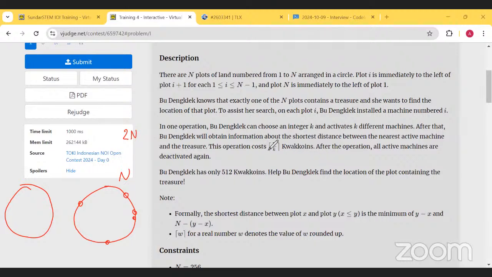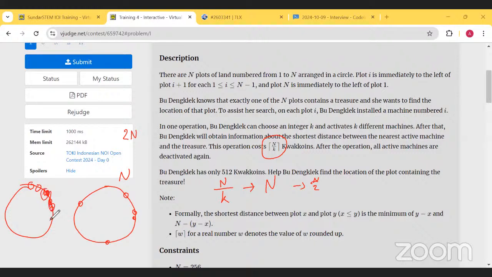Okay, but unfortunately, the cost formula is like this. The cost is n divided by the number of location in our query. So if we just query one location, the cost is n. But if we query more location, let's say 2 location, then the cost is just n divided by 2. So more location is cheaper and less location is more expensive.